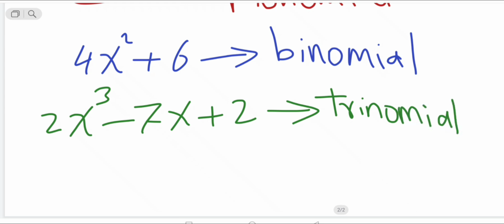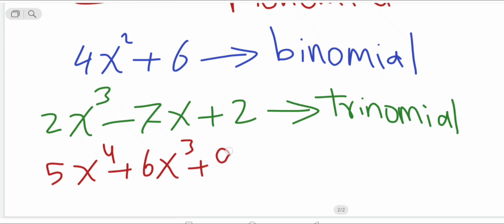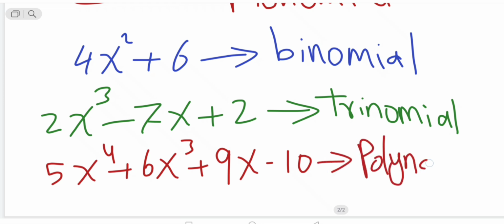If there are more terms, for example, 5x power 4 plus 6x power 3 plus 9x minus 10, so if there are more than 3, meaning 4 terms, 5 terms, we say it is a polynomial. I hope you understand about the terms. These are the types of terms.